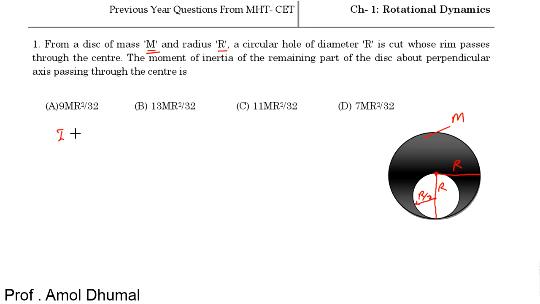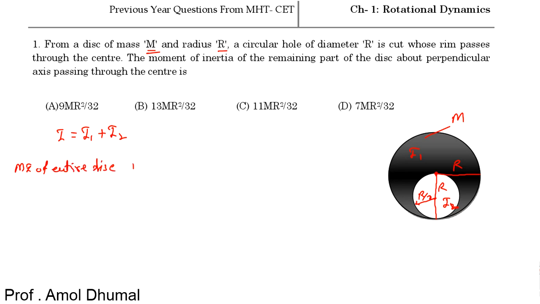So I is the moment of inertia of this entire disk, which is equal to the moment of inertia of this remaining part plus the removed part, that means I1 plus I2. I2 is the moment of inertia of the removed part and I1 is the moment of inertia of the remaining part, right?